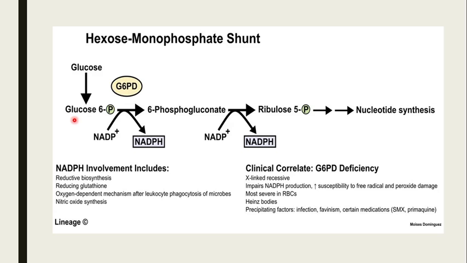It is a shunt because this is a shortcut, or you bypass that metabolism, and you use another enzyme in order for you to utilize your glucose 6-phosphate to further produce pentose sugars, and these pentose sugars will be used now for nucleotide synthesis.